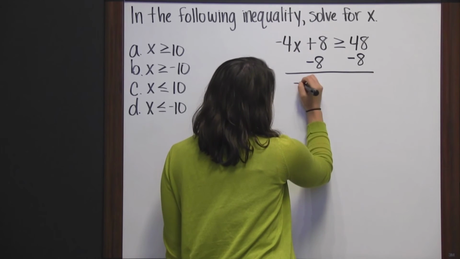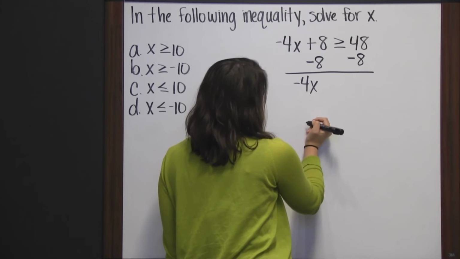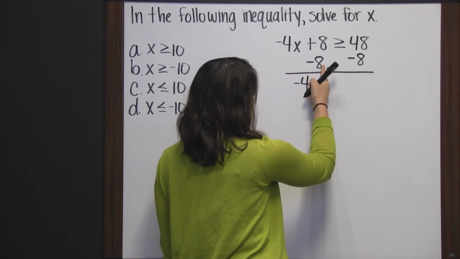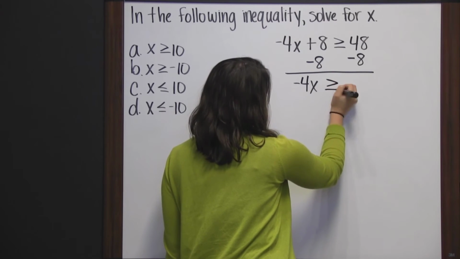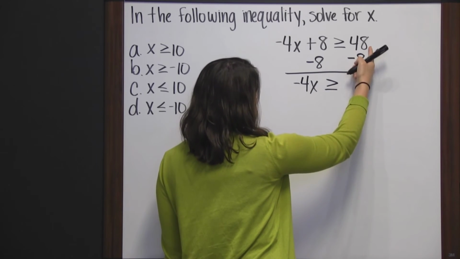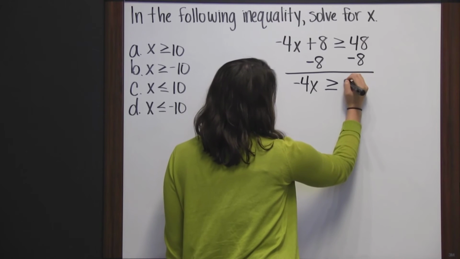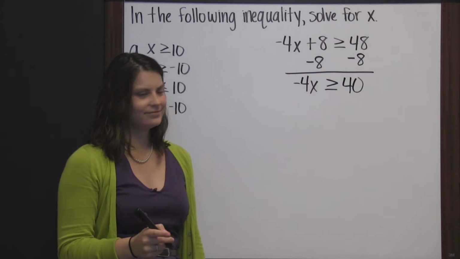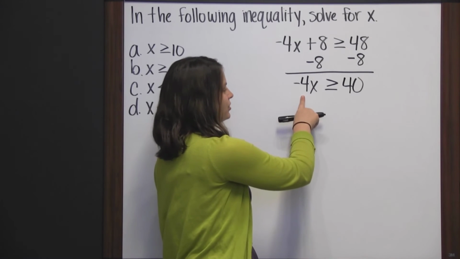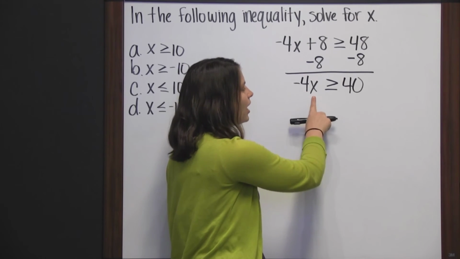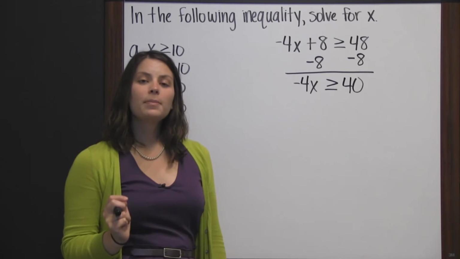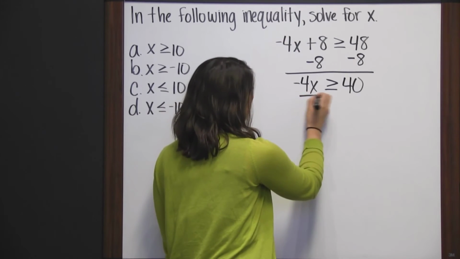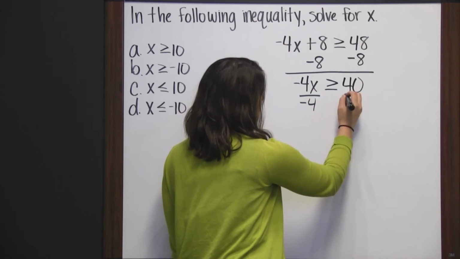So we bring down our negative 4x. A positive 8 minus 8 is 0, is greater than or equal to 48 minus 8 is 40. And we're almost done. Now we need to undo negative 4 times x. And the opposite of multiplying by a negative 4 is dividing by a negative 4.